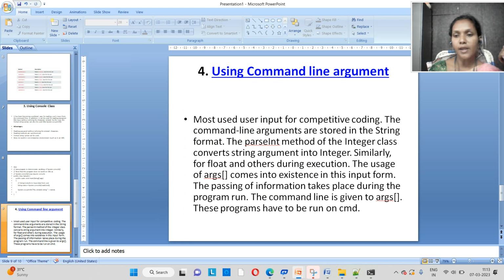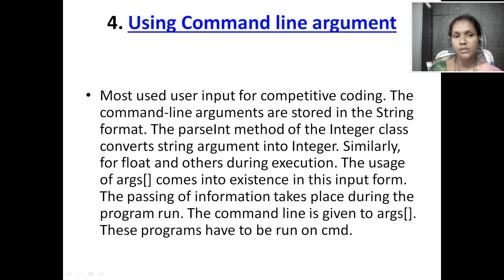And the last one, which I told in the earlier class, is command line arguments. You can supply the data through command line values. What is the meaning of command line arguments?